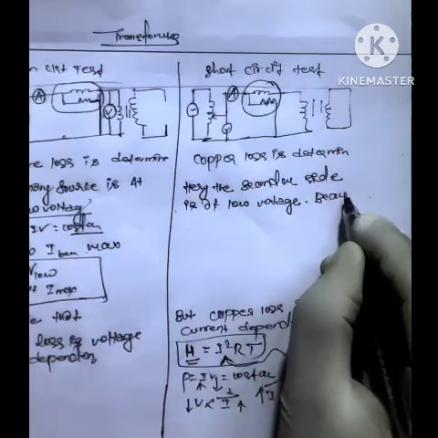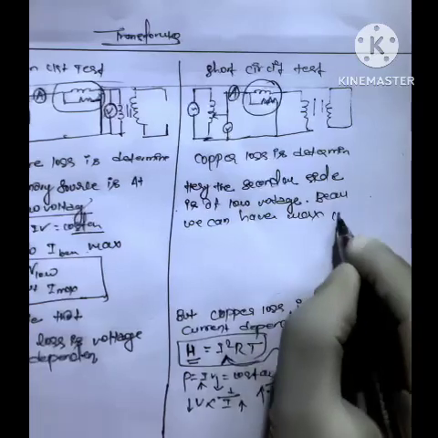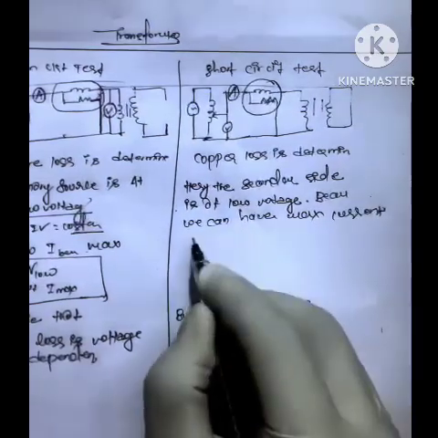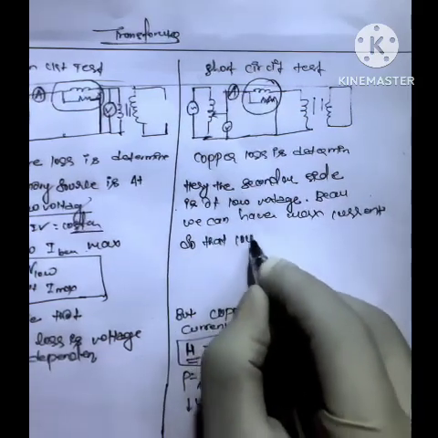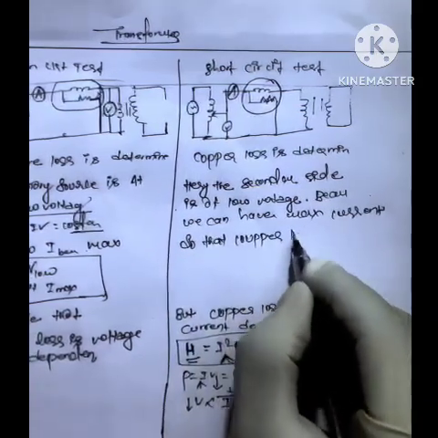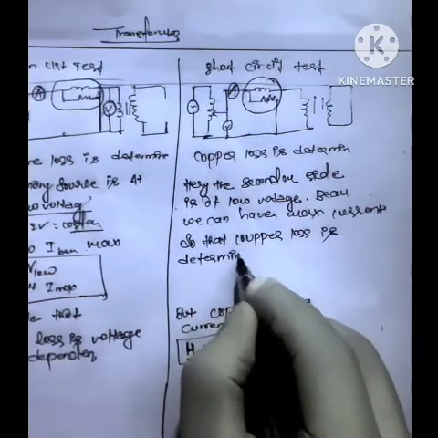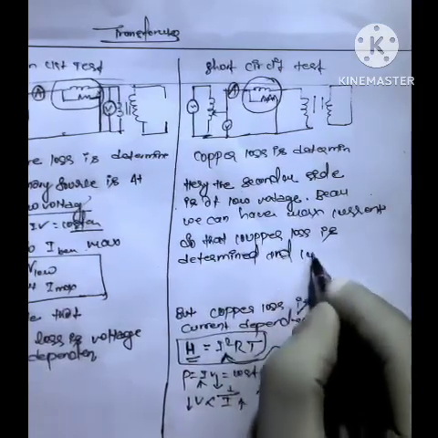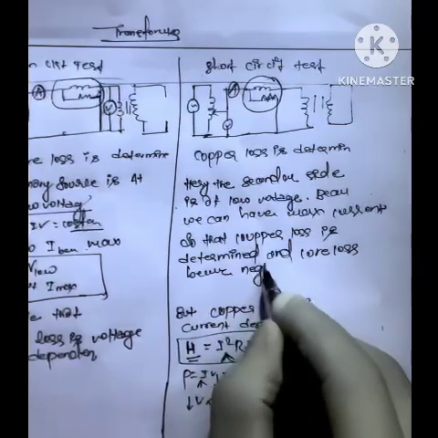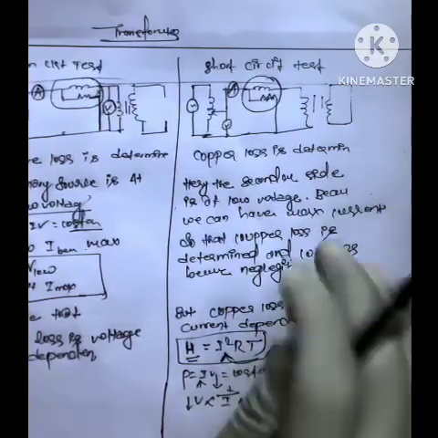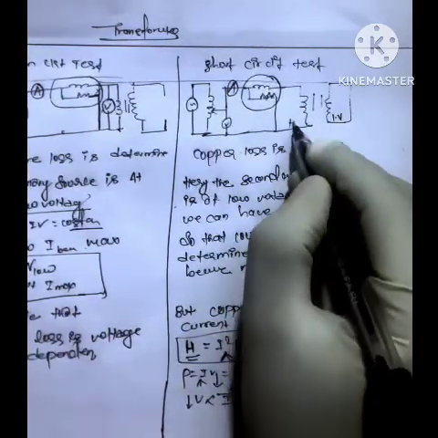Because we can have maximum current, so that copper loss is determined and core loss becomes negligible. Do note that core loss also occurs here, but as this is the low voltage side, the other is the high voltage side.